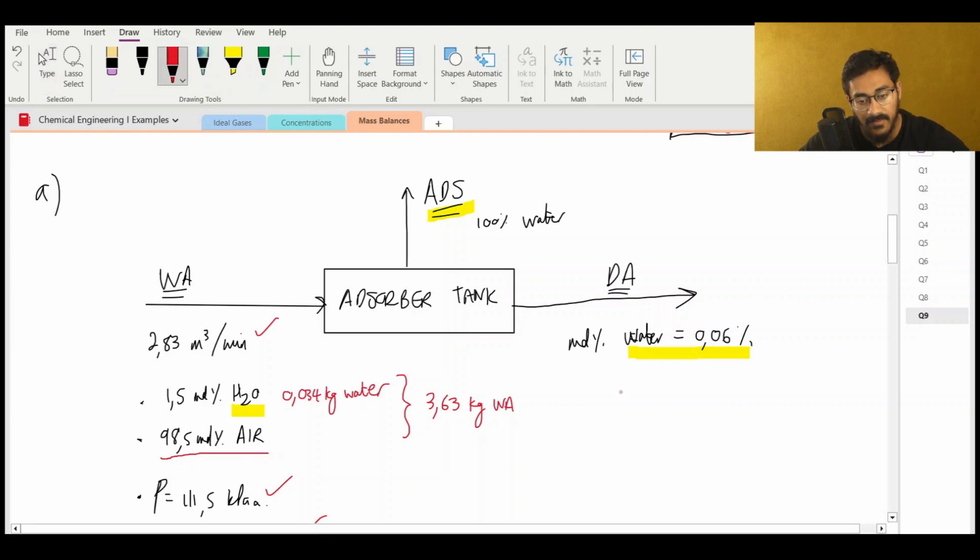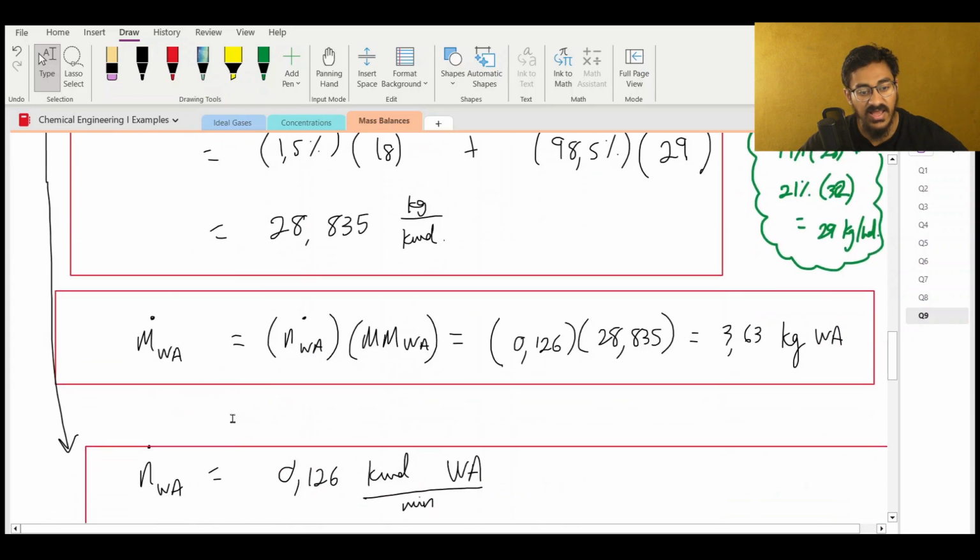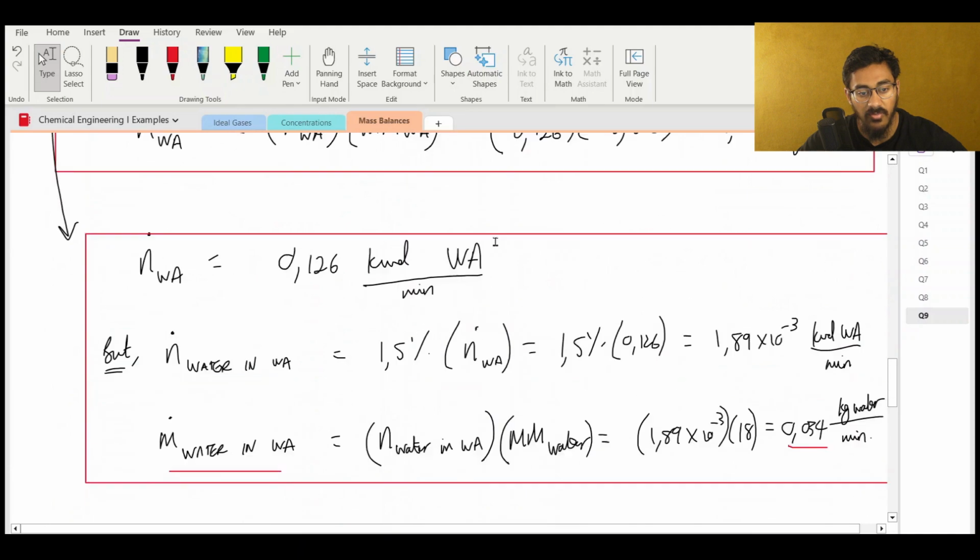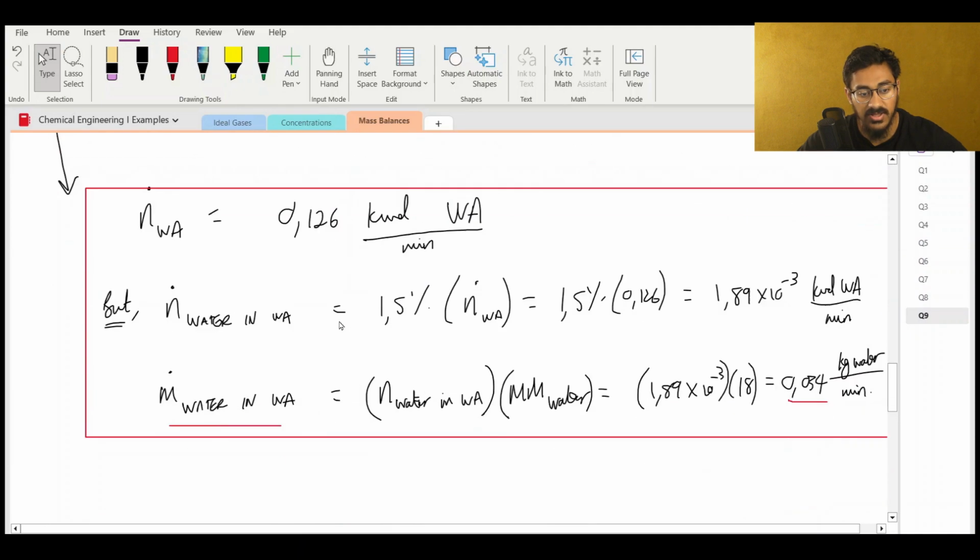So I know that there's also air exiting this stream, right? And the air that exits here must equal the air that's entering here. So can you work out how many moles of air is coming into the wet air stream? That's very easy. It's 98.5% of my total air coming in.